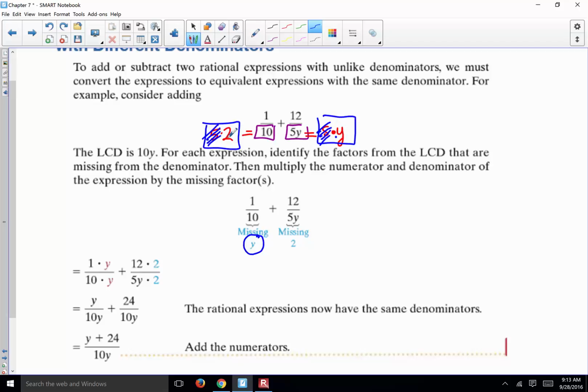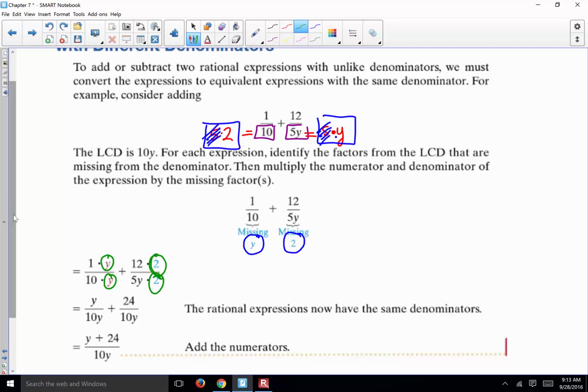What's not matching is 2 and y. Left side is missing y and the right side is missing 2, and you make up for those by multiplying both sides, y on the left and 2 on the right. So whatever is missing, you pretty much multiply top and bottom with those items. That's it.